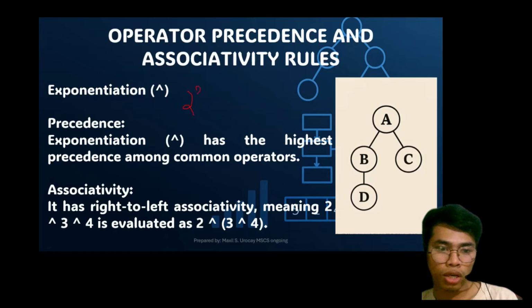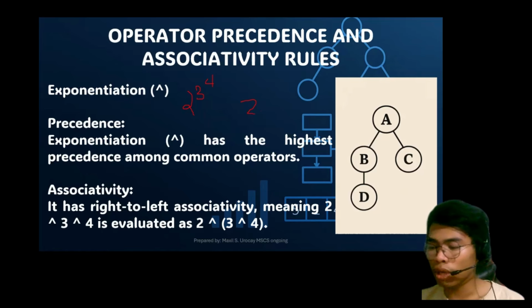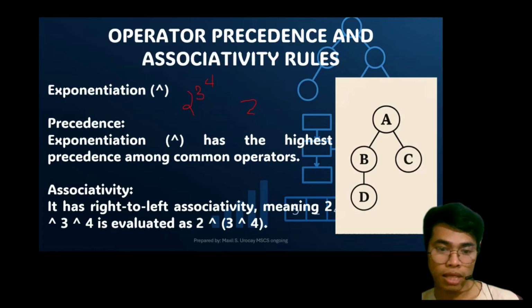If you work on that from left to right, 2 to the power of 3 is 2 times 2 times 2, that is 8, right? I'm so sorry, that will become 8.